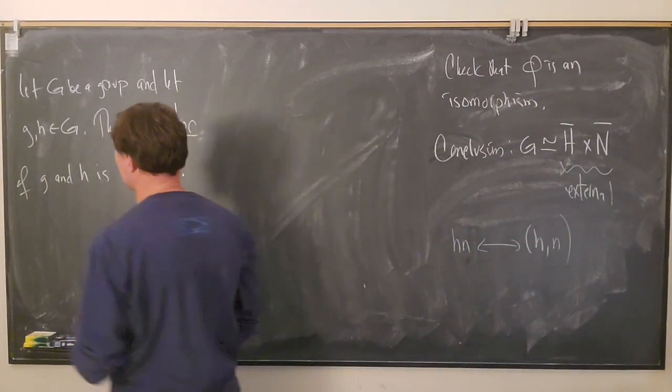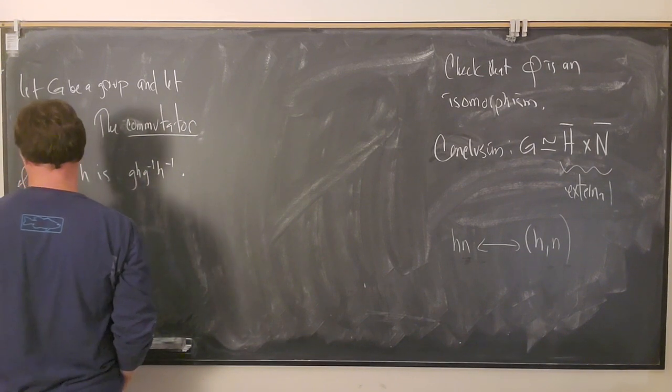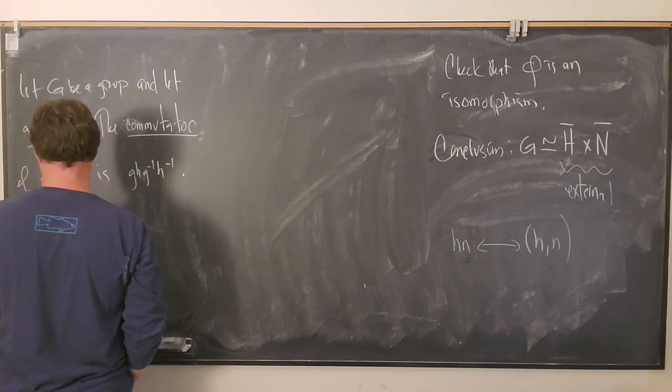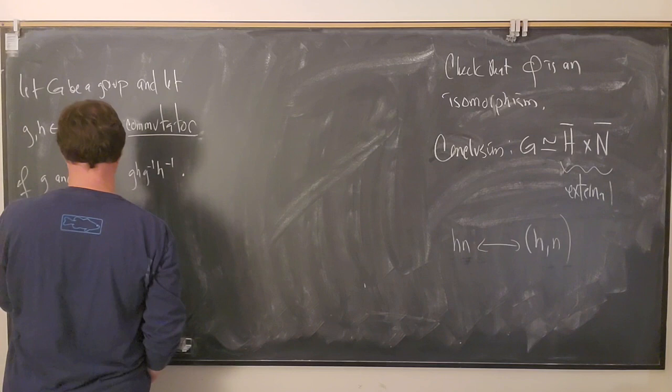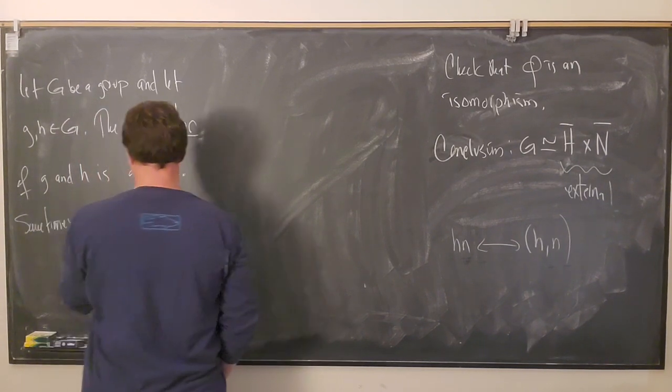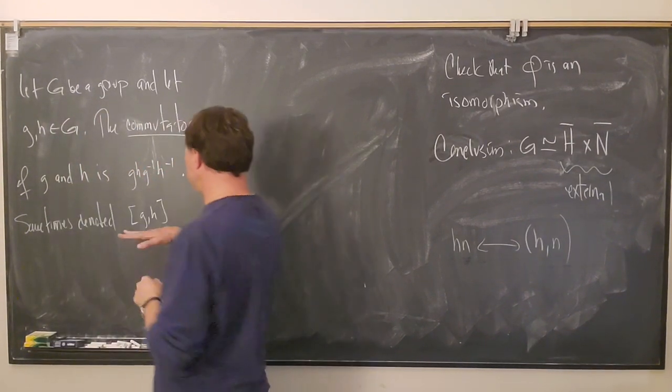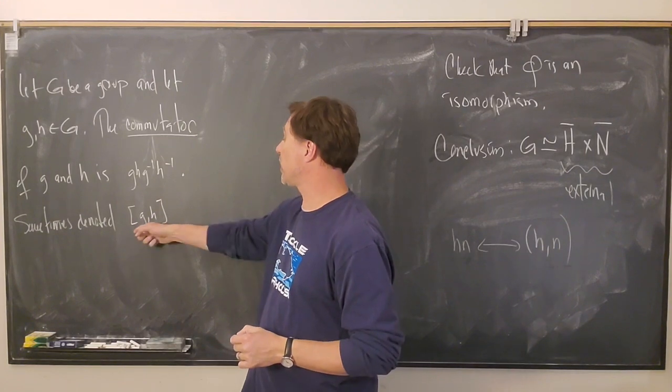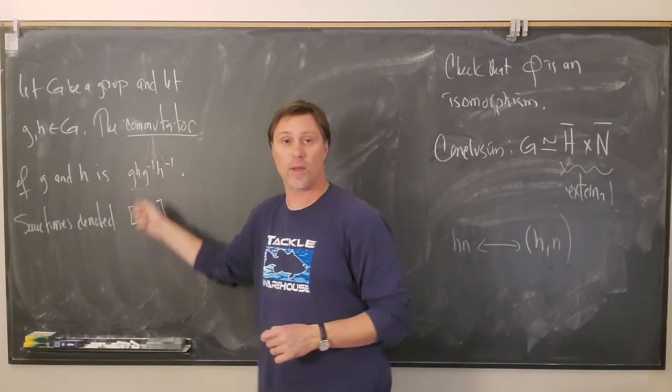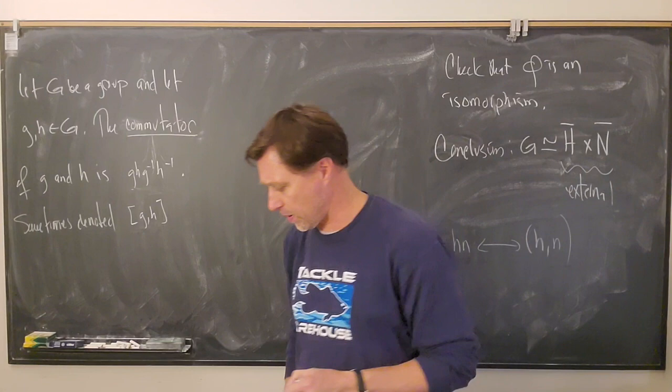It's sometimes denoted with brackets g comma h. So when you see this in algebra books, bracket g comma h, it means that thing right there. I'm not going to worry about that.